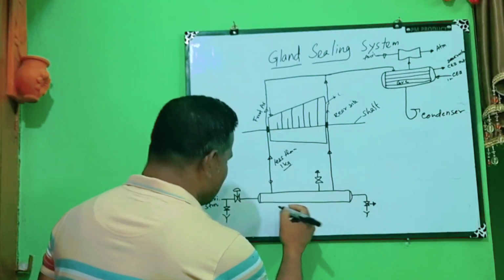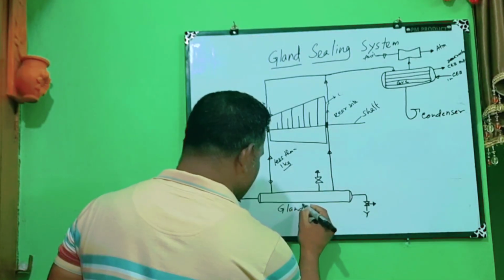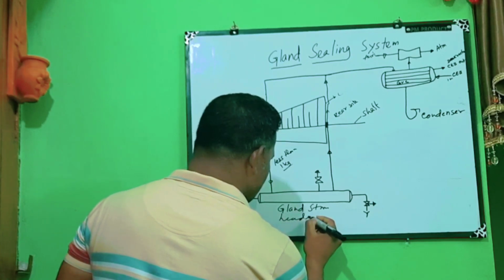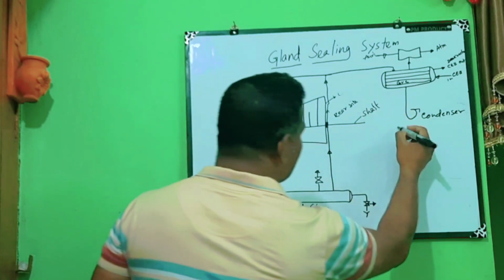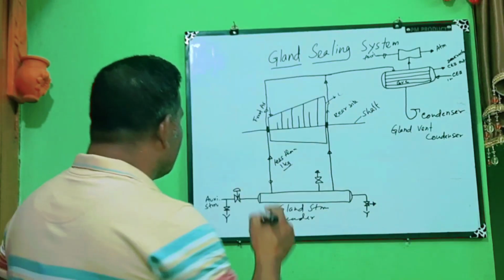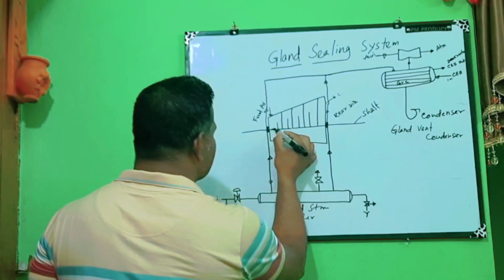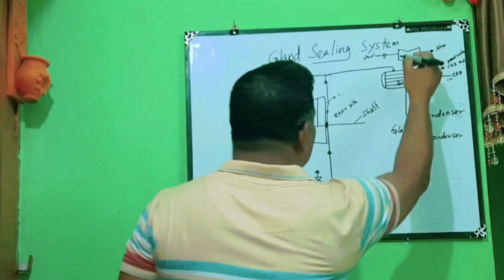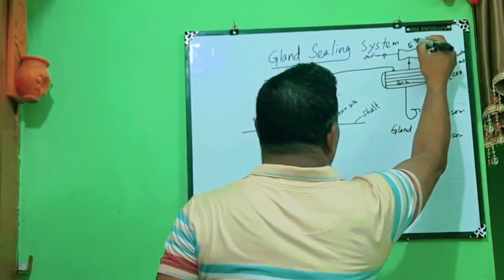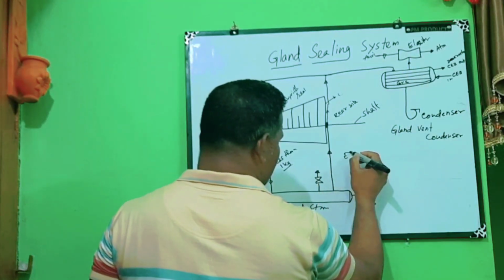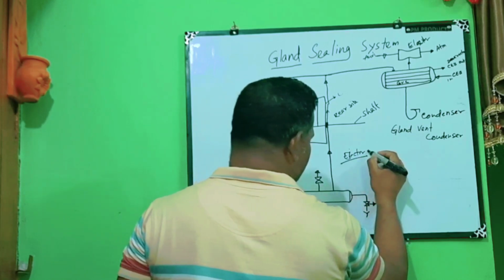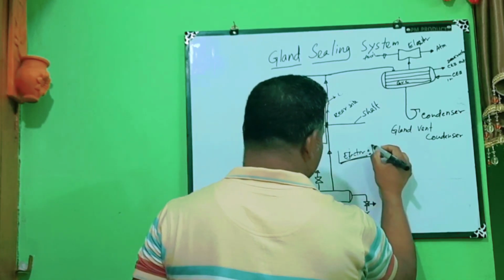So this is called the gland steam header, and this is called the gland condenser. And on this side there is a labyrinth seal like this. This is called the labyrinth seal, and this is called the ejector. What is an ejector?